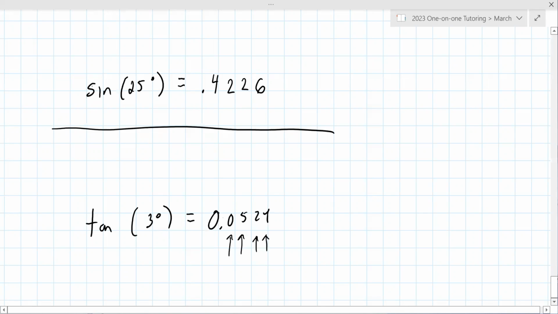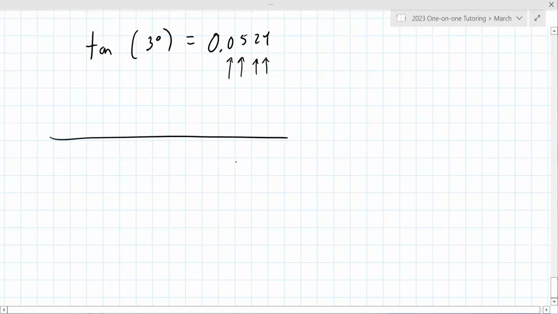So let's try one more. Let's try the cosine of 82.1 degrees.